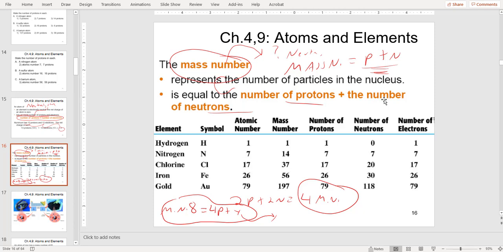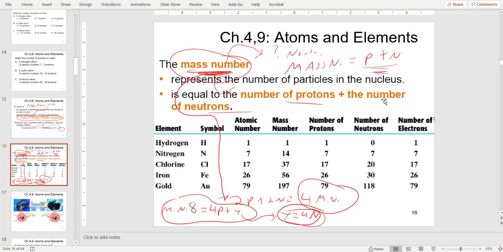So a mass number of 8, 4 protons plus x, and that's going to be x equals 4 neutrons. Oftentimes what we'd like to do to students is give them the mass number and then have them use their algebra to figure out what the number of neutrons is.